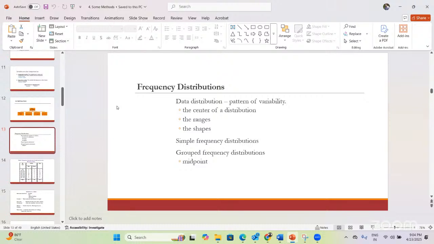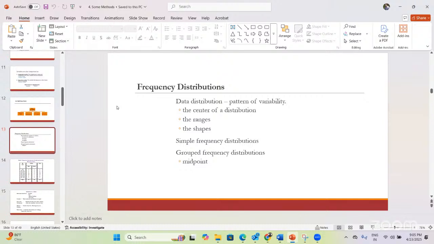So the first step is to have the frequency distribution, meaning to see the center, to see the ranges from these to these, how they vary, the shape, what is the midpoint, how much the non-response. So at first we have to get the idea of the data which we have.